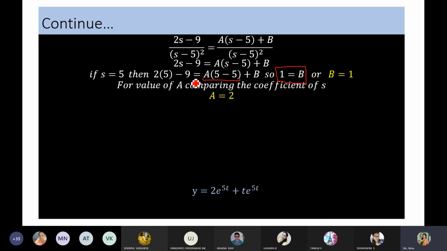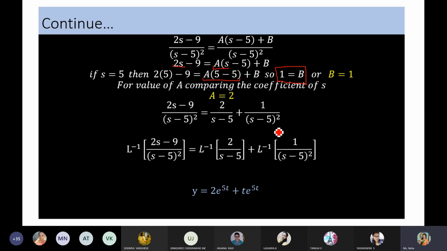From left hand side, my s coefficient is 2, and on the right hand side the s coefficient is a. So a value is 2. Now I'll substitute my a and b values. So 2s minus 9 divided by s minus 5 whole square can be written as 2 divided by s minus 5 plus 1 divided by s minus 5 whole square.